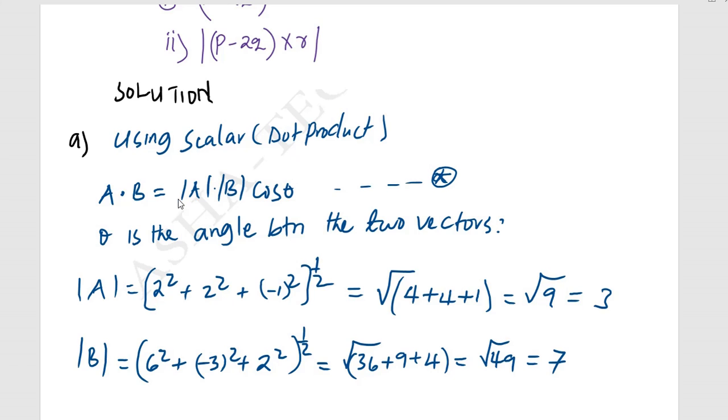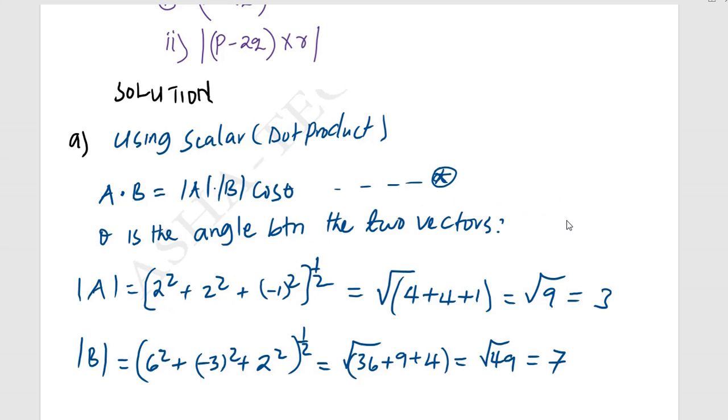So vector A dot vector B equals the magnitude of vector A times the magnitude of vector B times cos theta, whereby theta is the angle between the two vectors. So now let us find the magnitude of A.